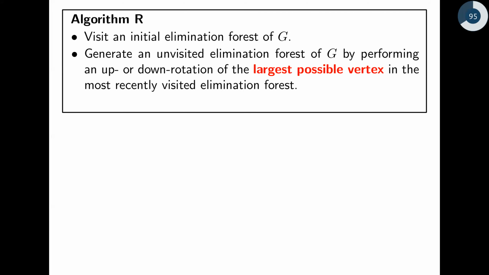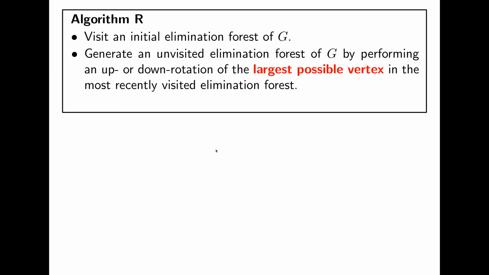Now I need to tell you this greedy rule, how we move to the next one. The greedy rule will apply one tree rotation to generate the next tree. You have already visited some elimination trees before, and you want to generate a new one.